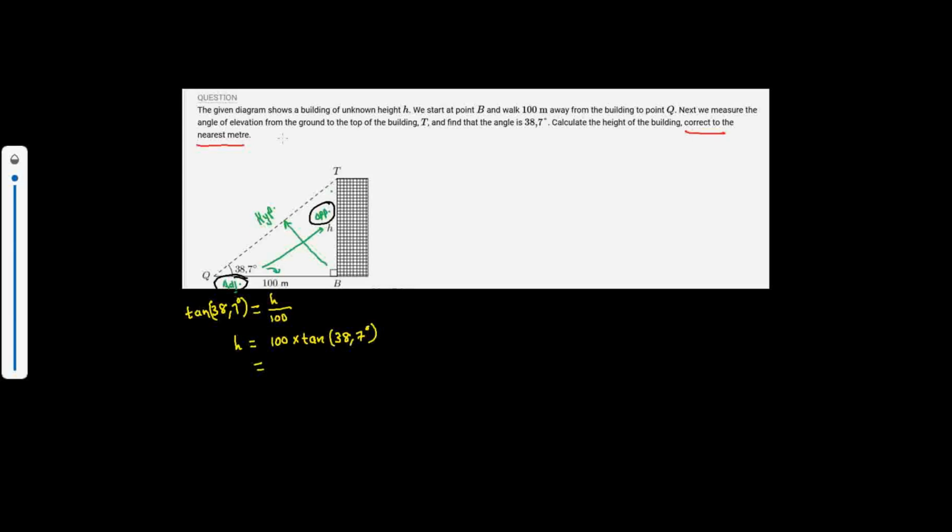So we take our calculator, we enter that, and let's see what we get from there. So I have the length of 80.12 meters. And because they said correct to the nearest meter, that is approximately 80 meters.